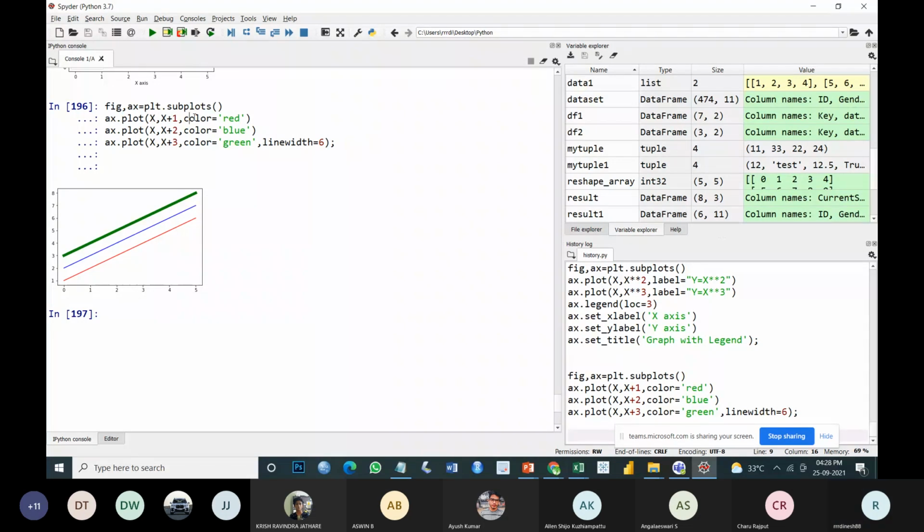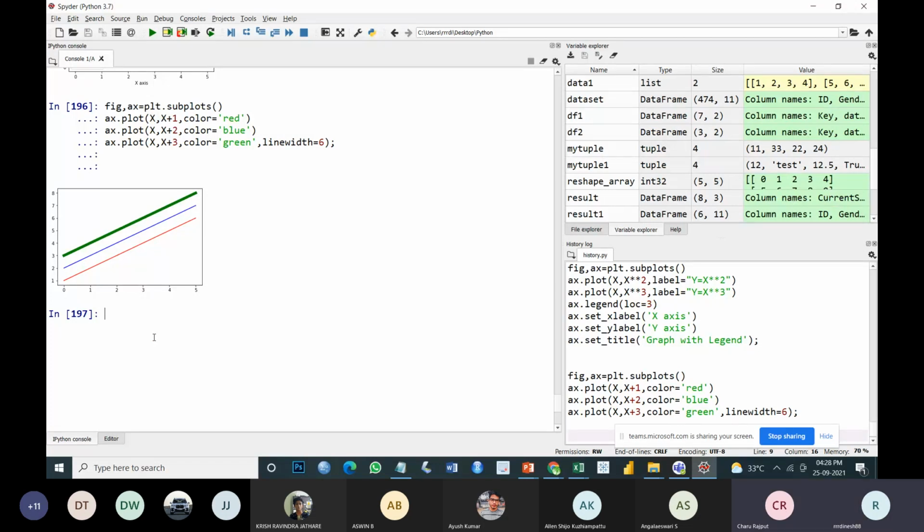X comma x plus 2: 5 comma 5 plus 2 is 7. 5 comma 5 plus 3 is 8. Color is green. The line width is 6. So we'll get the line width 6. This is a multi-line graph.